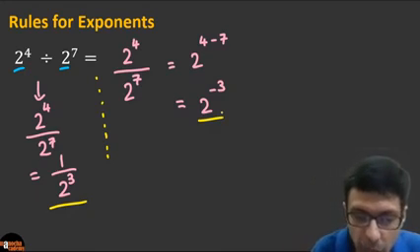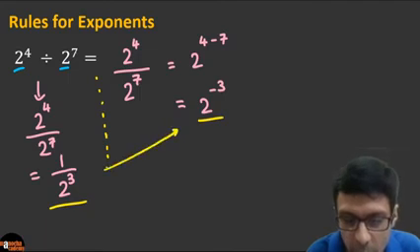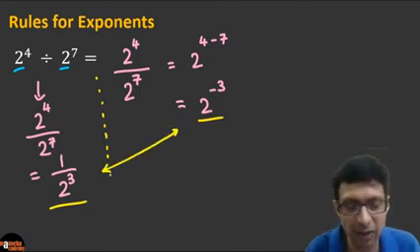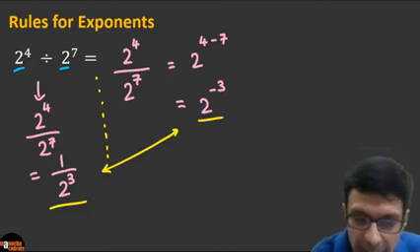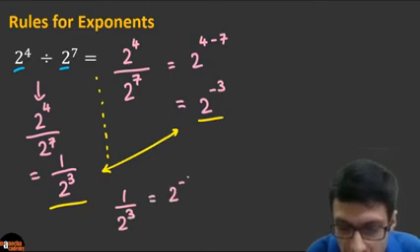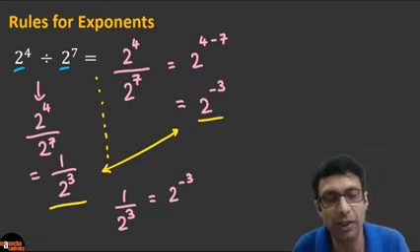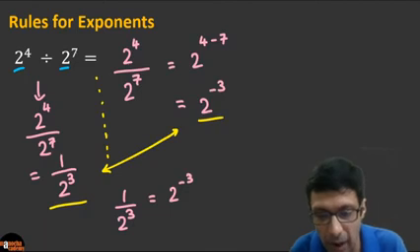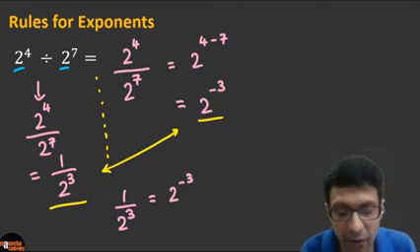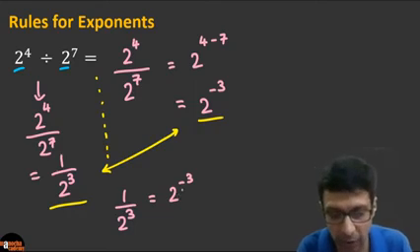So what is the conclusion we are getting? And both of these are same, right? So this is equal to this, right, guys? So what is the important conclusion we are getting here? That basically we are having 1 by 2 cube is equal to 2 to the power minus 3, right? So when you have it in the denominator, you have taken a reciprocal of 2 cube, it's basically 2 to the power minus 3, right?